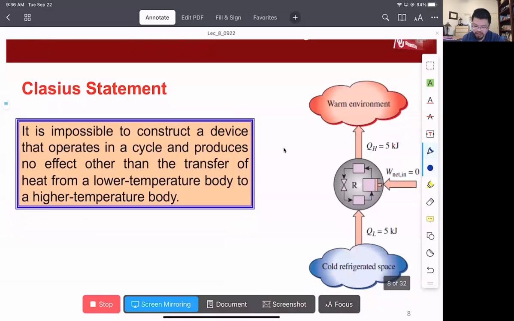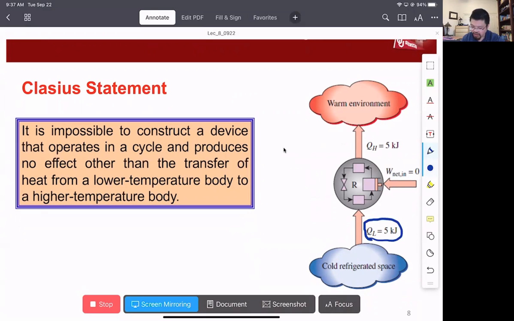So that is very similar to one of the three statements we discussed. And then we also have the Clausius statement. That is mainly regarding temperature. If you look at this cartoon illustration, if I'm going to get a certain amount of heat from the cold reservoir and without any assistance of work, so you can see that the net work of the system will be zero, then that process is impossible.